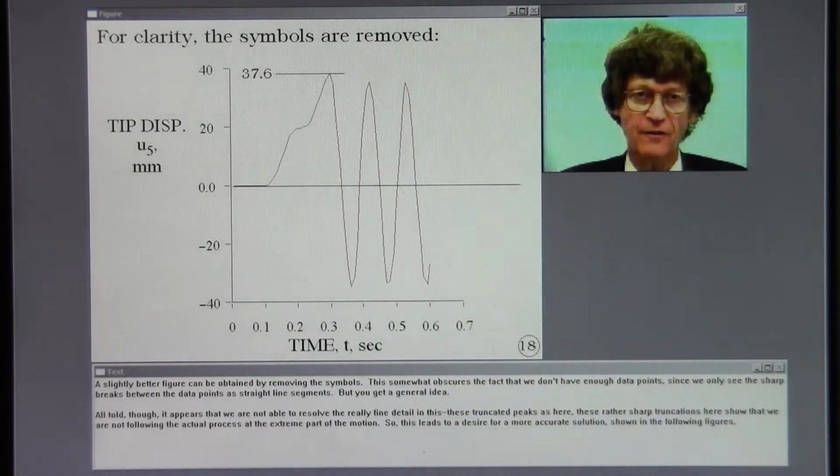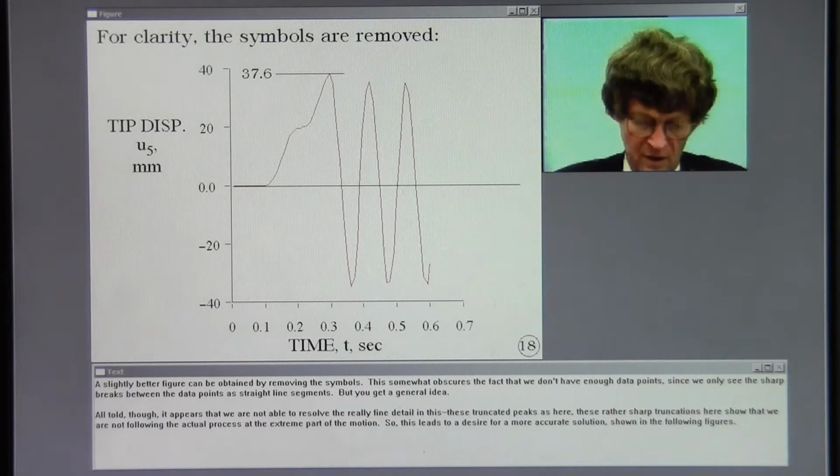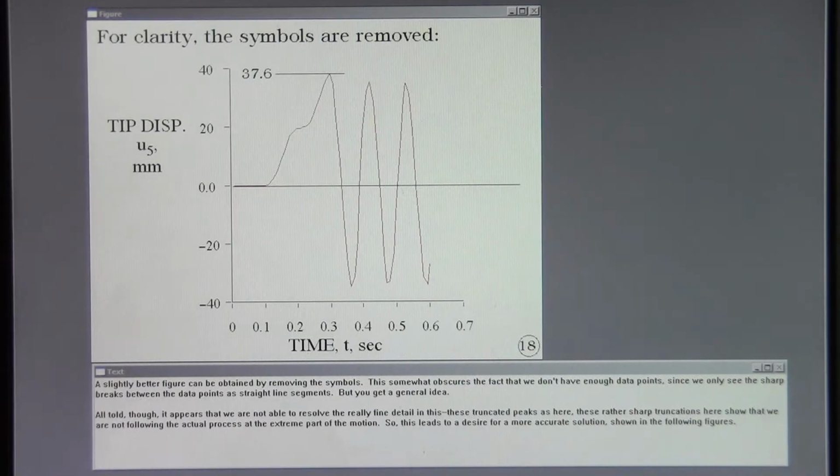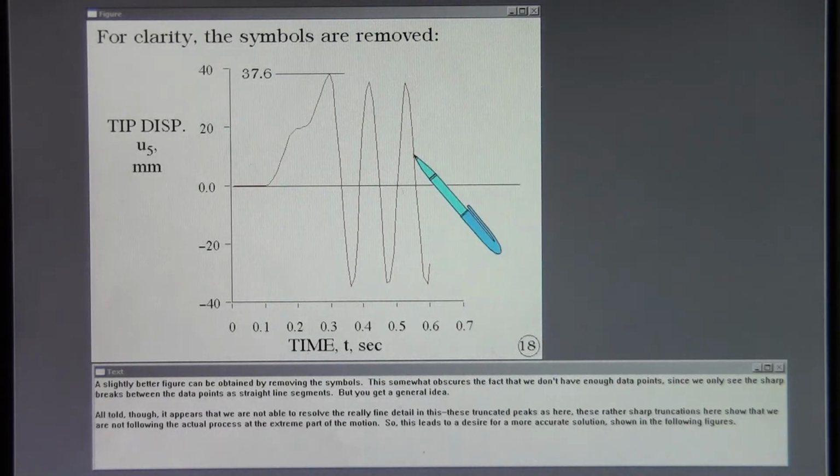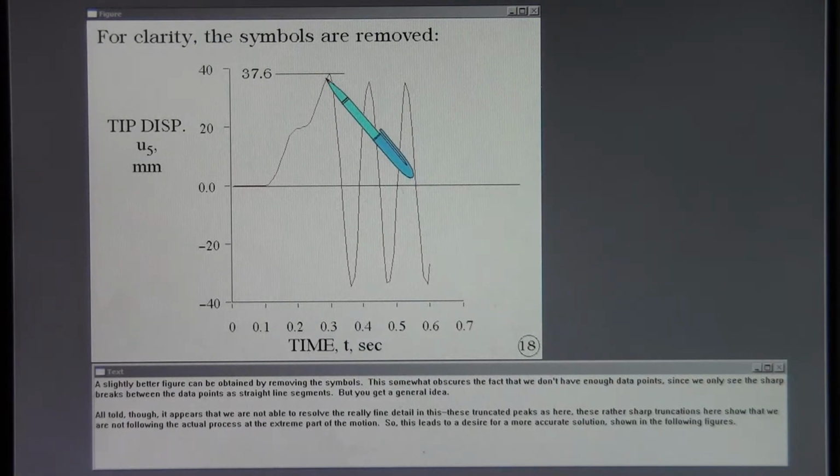A slightly better figure can be obtained by removing the symbols. This somewhat obscures the fact that we don't have enough data points, since we only see the sharp breaks between the data points as straight line segments, but you get a general idea.